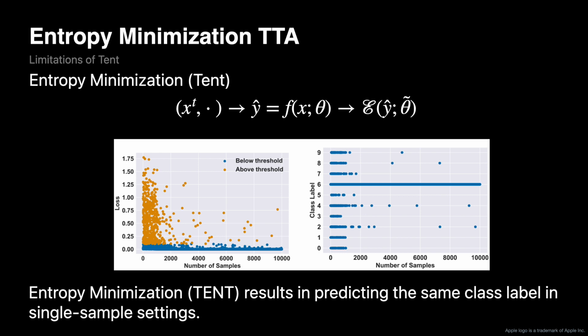This leads to always predicting the same label, 6, after only 1,000 samples, as seen on the graph on the right. This leads to the model failing to adapt to the new distribution and being unable to classify even in-distribution data. Do note that setting a very small learning rate or devising an optimization procedure may work, but this also reduces the amount the model can adapt to the new distribution.